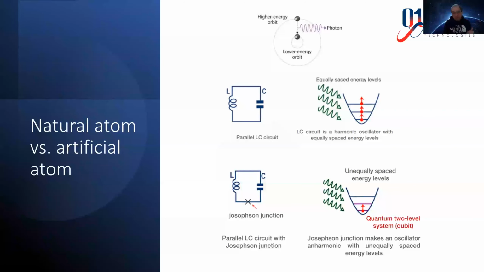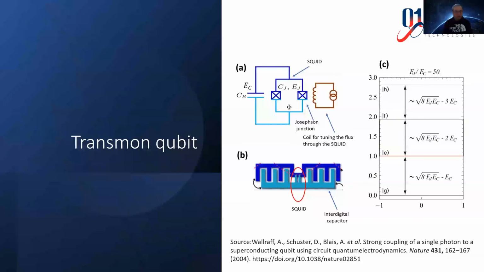What we see in this slide is a comparison between a simple LC circuit, which is a harmonic oscillator with equidistant energy levels, and a capacitor in parallel with a Josephson junction, which makes an anharmonic oscillator with unequally spaced energy levels, where we can isolate the first 2 energy levels and use them as a qubit.